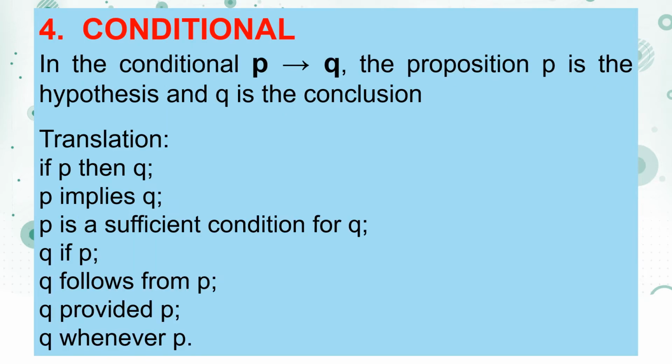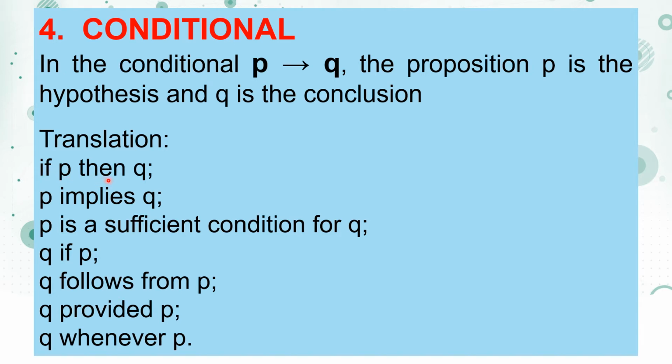The fourth logical operator is the conditional. The symbol for conditional is this one. In the conditional, the proposition P is the hypothesis and Q is the conclusion. So this symbol can be translated or read as the following.